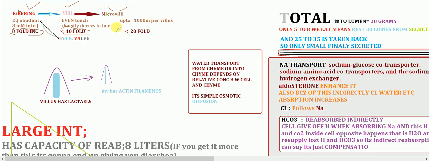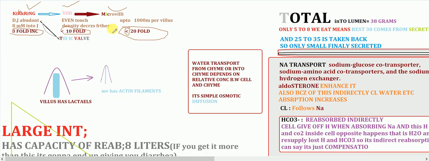You have to remember this, it is a classic MCQ point. And what is their contribution to the surface area of absorption? It is 20 folds. It increases the absorptive surface area up to 20 folds. So you can look at those figures.